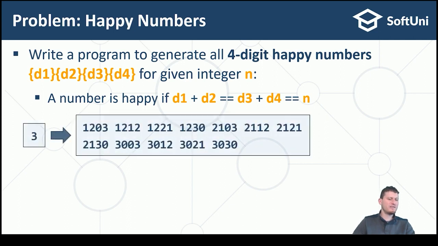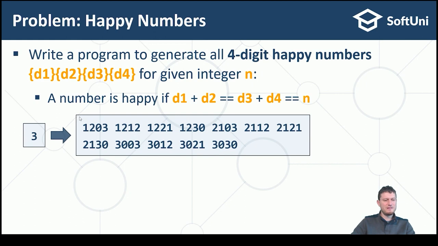So this is an example. If we have 3, we may have the first two digits, 1 plus 2, this is 3. 0 plus 3, this is also 3. Okay, so these two should be equal to these two, should be equal to this.